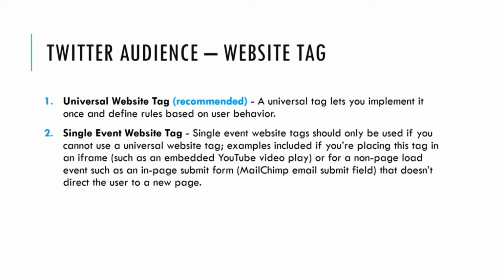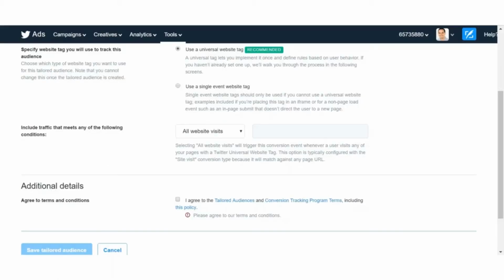It doesn't load to a new page once you submit your email. So again, you want to track this audience via a single event tag. So unless you want to build an audience around a single event, such as that embedded video play or in-page submit form that isn't directing people to a new page, I advise using the universal website tag.